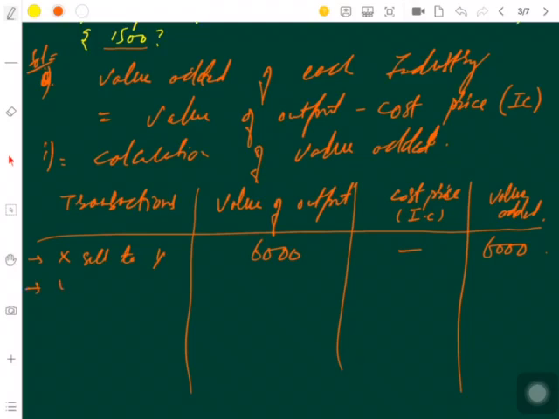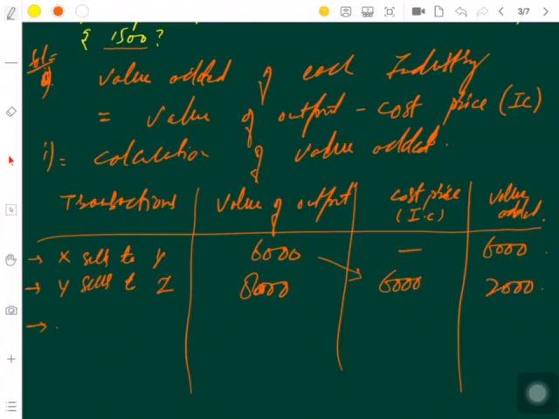Number second is Y sells to Z. Now he has added some value. His value of output is 8,000 from the previous example. His cost price is from here, that is 6,000. And what is the value he added? Value of output minus intermediate consumption is equal to 2,000.